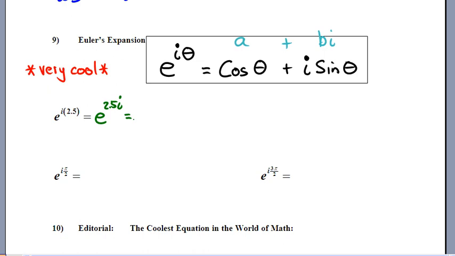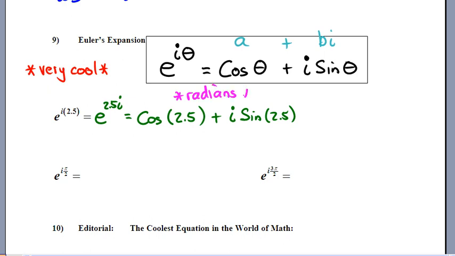That is mathematically the same thing as the cosine of 2.5, by the way, you must be in radians, plus i times the sine of 2.5 radians. So absolutely must be in radians here. You can talk in degrees, but when it's time to actually do this, it's got to be in radians.